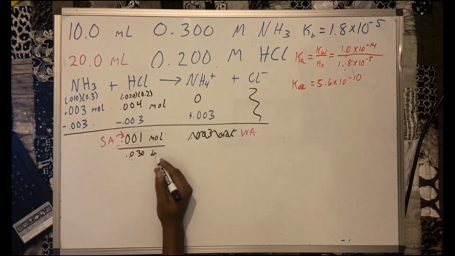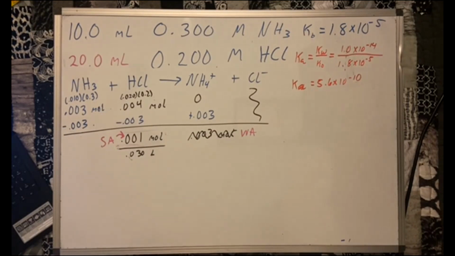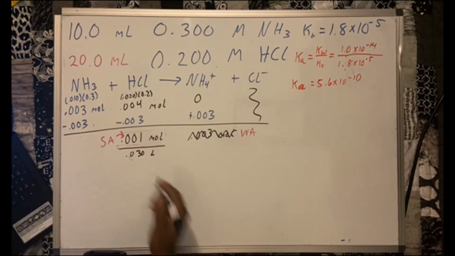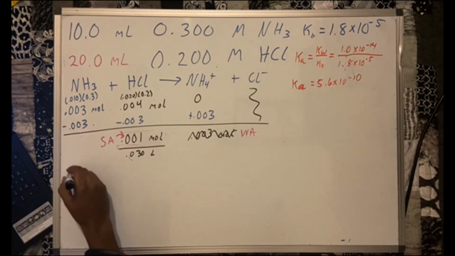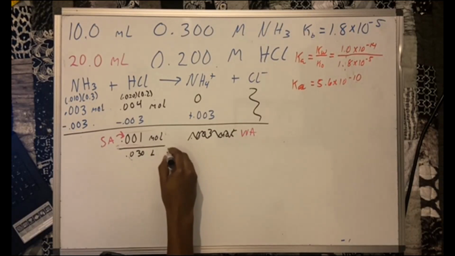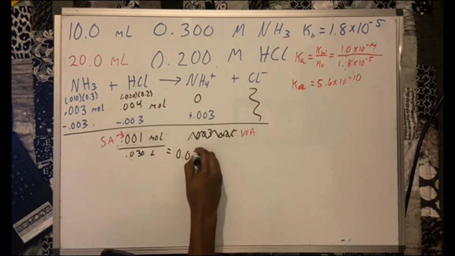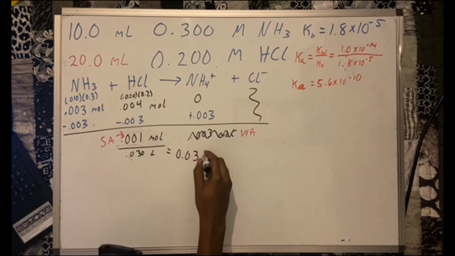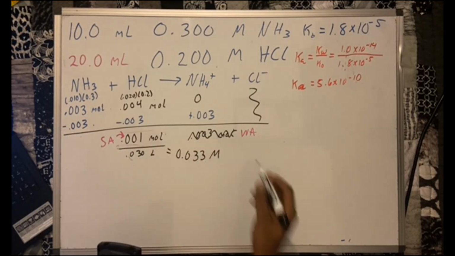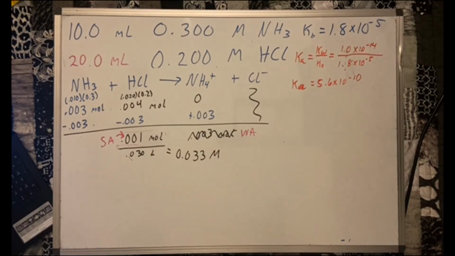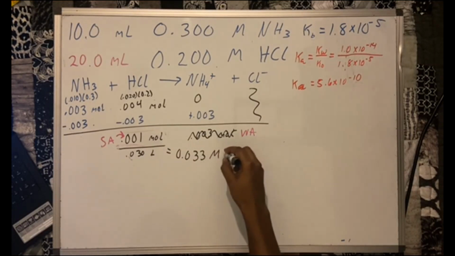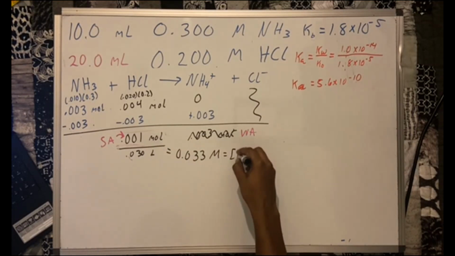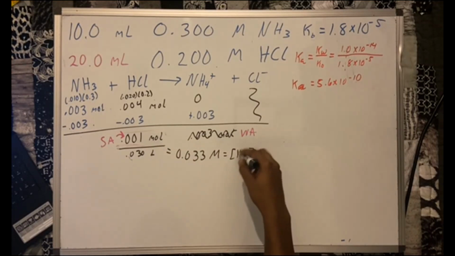And so my concentration of that is, hopefully I'll get it right this time, 0.001 divided by 0.030, which is 0.033 molar. And remember, since this is our concentration of HCl, and that's a strong acid, it's going to completely dissociate.